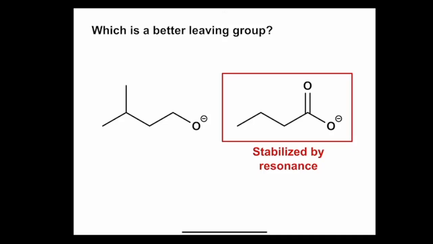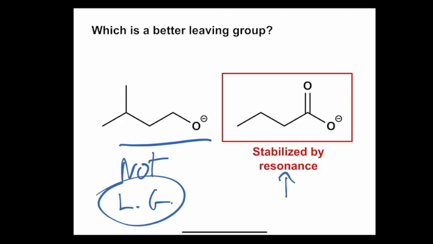Because of resonance, which means carboxylates are in scope. If we had a phenomenal nucleophile on a primary center, you could kick out the carboxylate, just like an iodide, just like a chloride. This is a possible leaving group to have. This is not ever a leaving group.